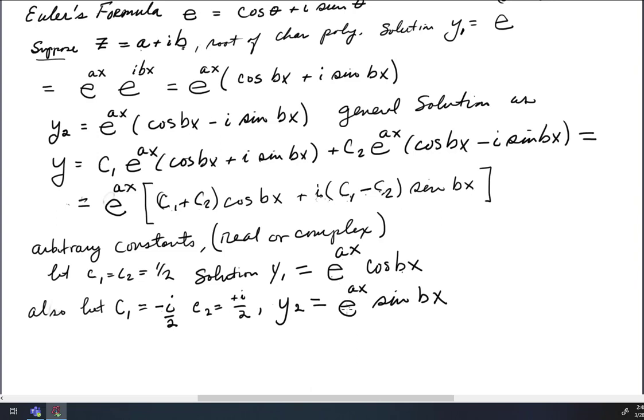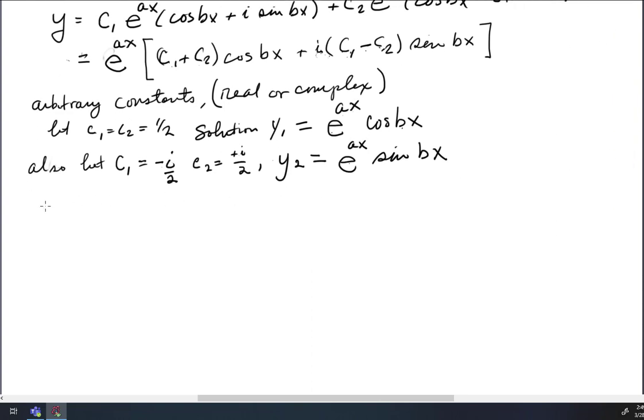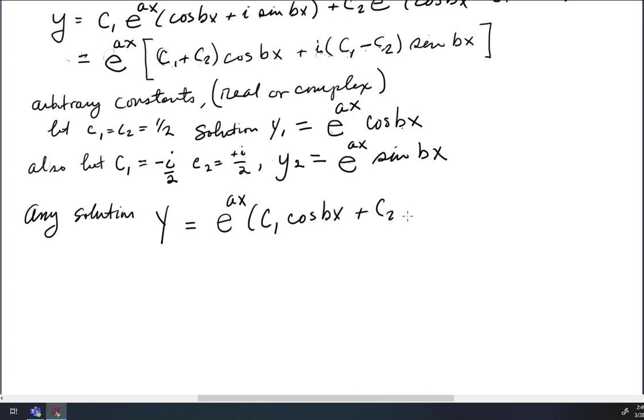If they're linearly independent solutions, they form what's called a fundamental set, in this case a fundamental pair, and so I know that any solution y can be written as e to the ax times c1 cosine bx plus c2 sine bx, where c1 and c2 are arbitrary constants.